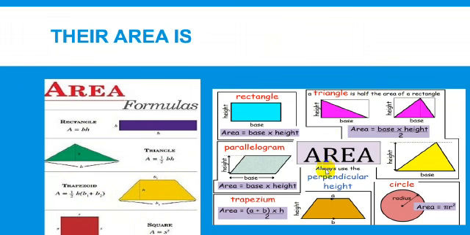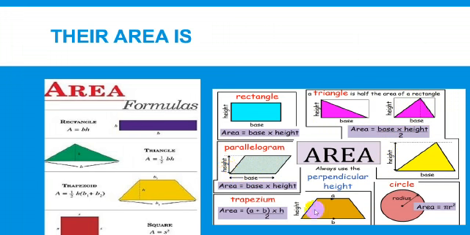In the area we always use the perpendicular height. As we said, the area of the rectangle is base times height, and the height is perpendicular. The triangle is half the area of a rectangle, and so base times height over 2, where the height is always perpendicular. In the parallelogram we have base times height, where the height is always perpendicular.